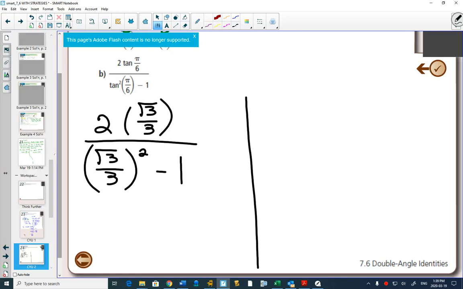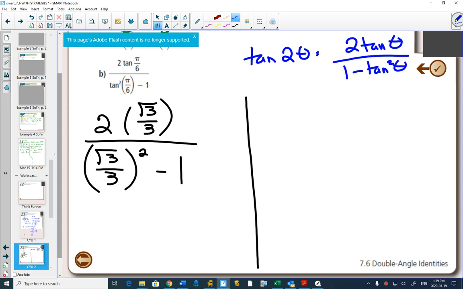If we wanted to use the formula, well, our tan 2 theta formula is 2 tan theta over 1 minus tan squared theta. And if we look at the equation we have right now, it doesn't quite match. The top is good, right? But the bottom is off.